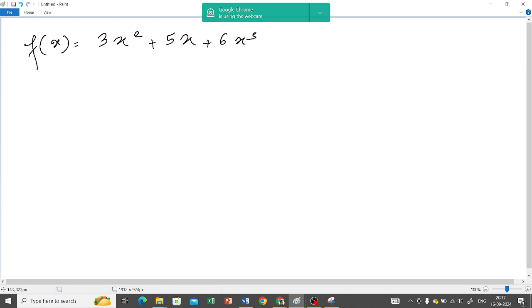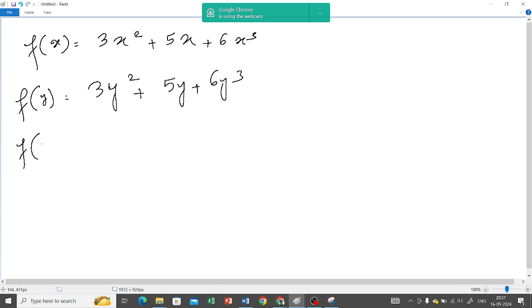What will be f of y? 3y square. Now, say for example, what will be f of g(x)? 3, just in place of x put g(x).